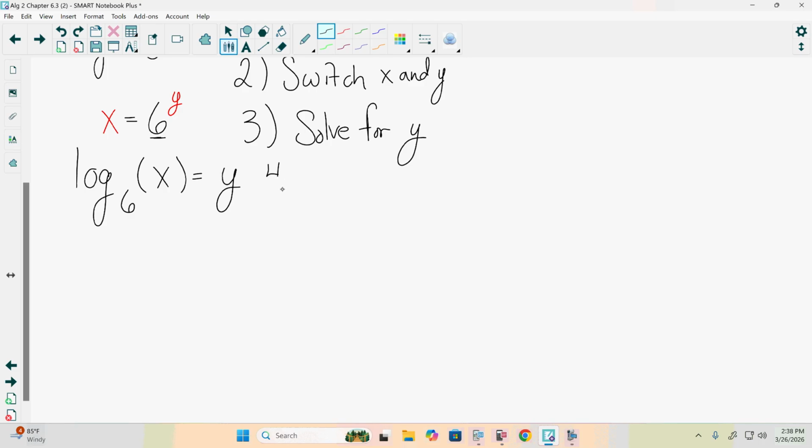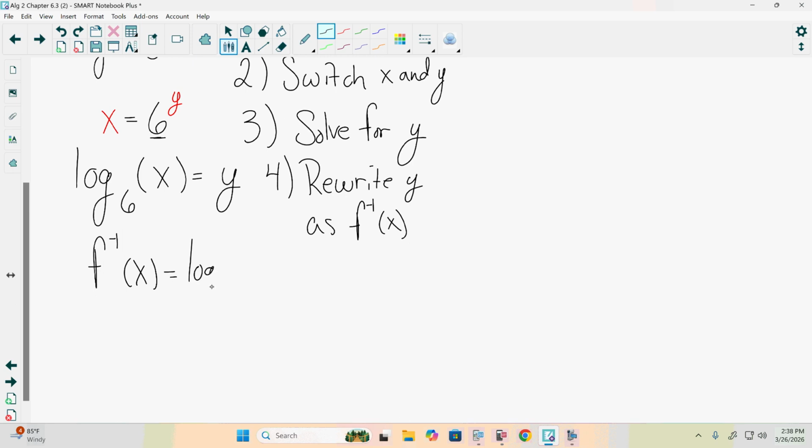And lastly, rewrite y as f inverse of x. That -1 between the f and our parentheses signifies that this is its inverse. So f to the -1 of x is f inverse of x.